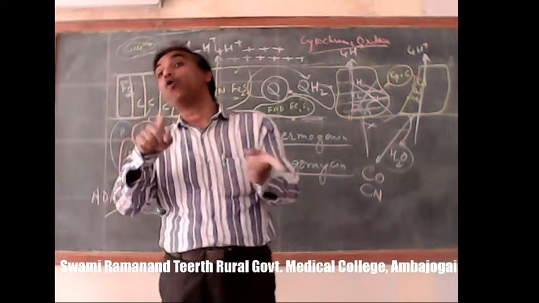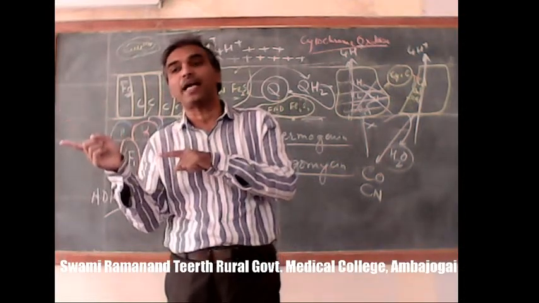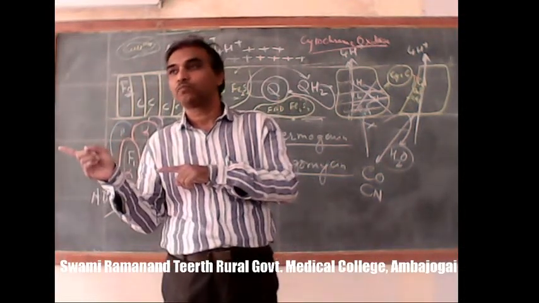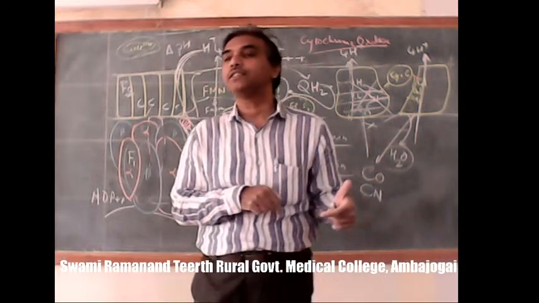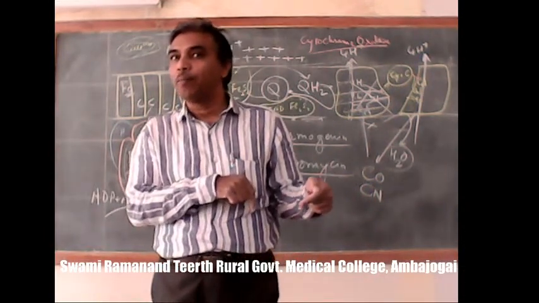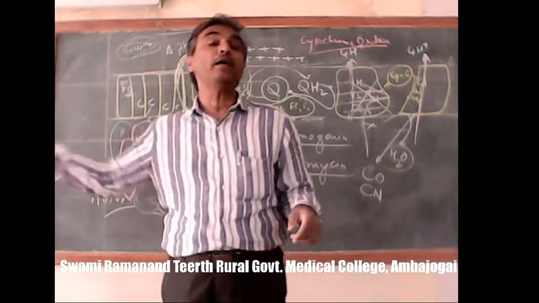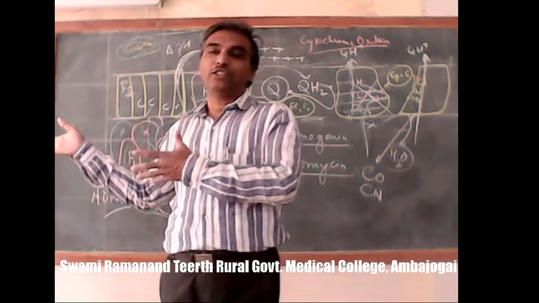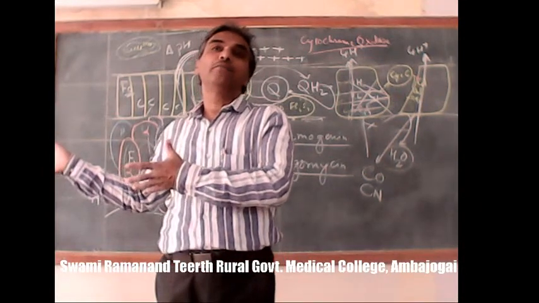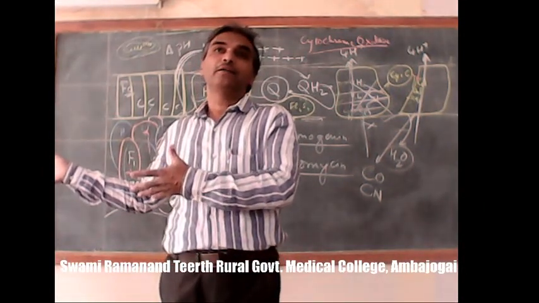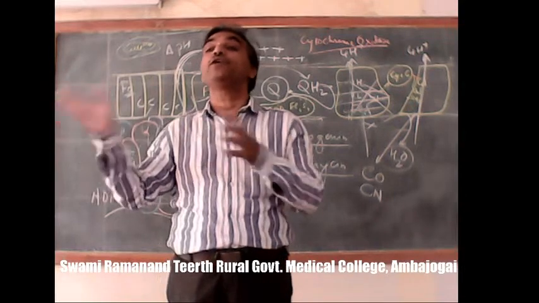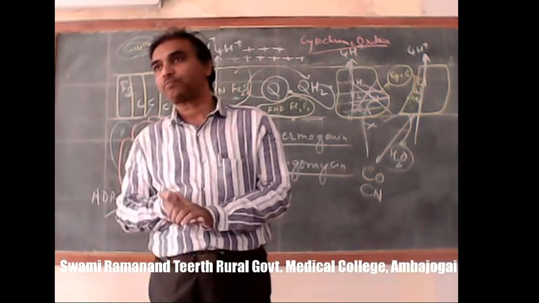So finally, how much ATP is synthesized depends. If the glycerophosphate shuttle is used, FADH2 is formed inside the mitochondria, so instead of 2.5, you get 1.5 ATPs.